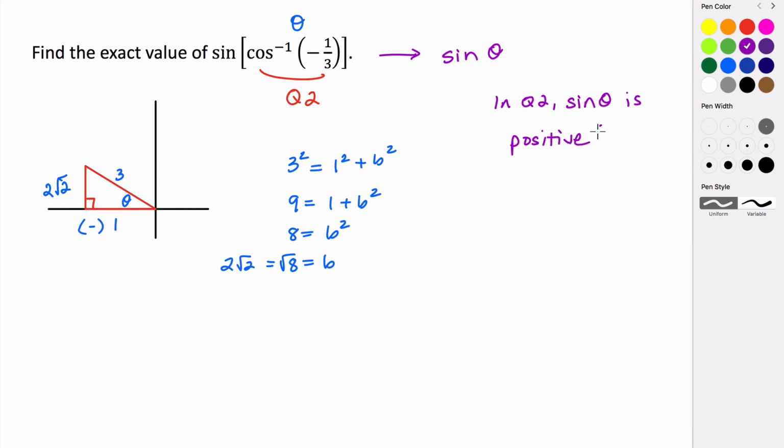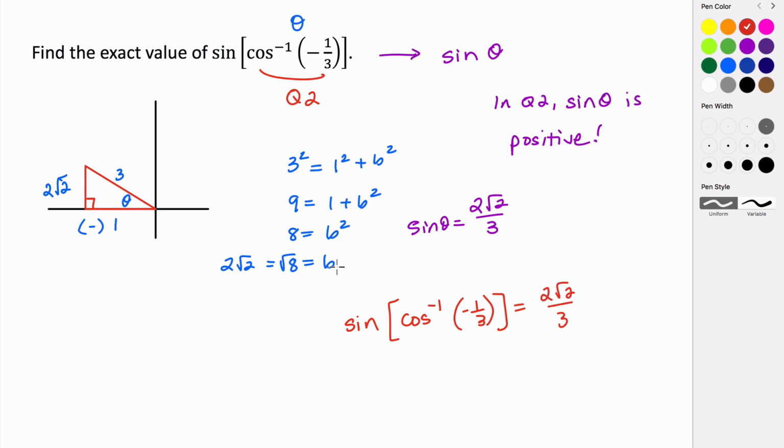The sine is the opposite side over the hypotenuse. So this is going to be 2 root 2 over 3. That's what the sine of theta is going to equal. So in the end, the sine of the inverse cosine of negative 1/3 is going to be 2 root 2 over 3.